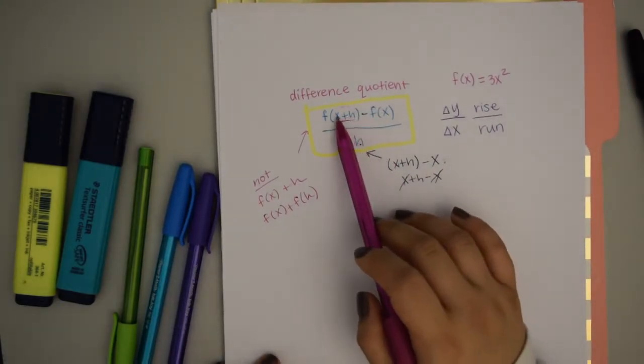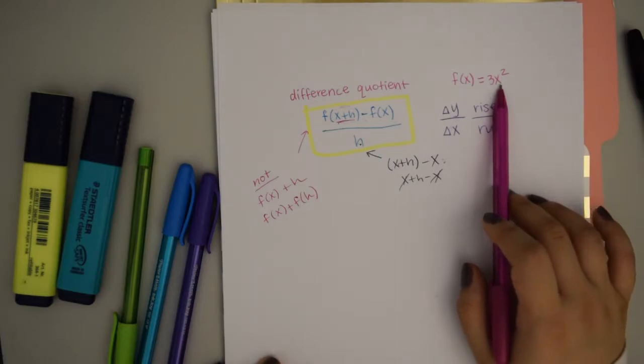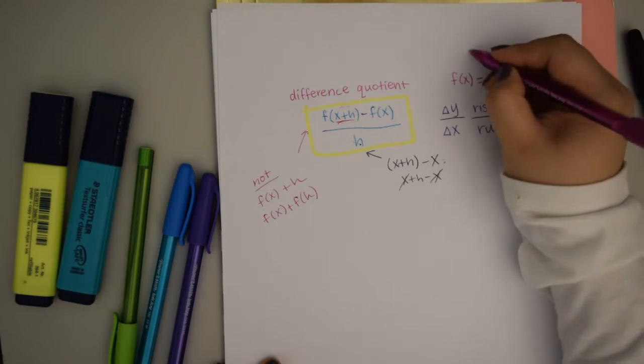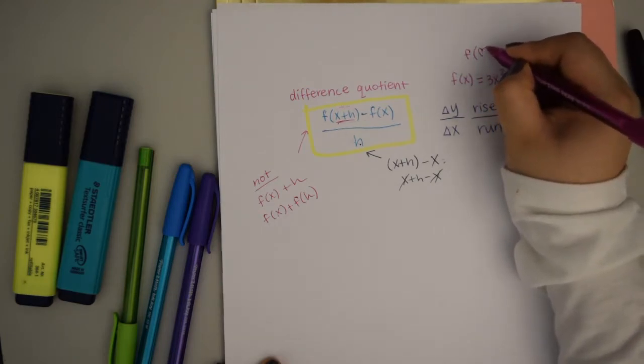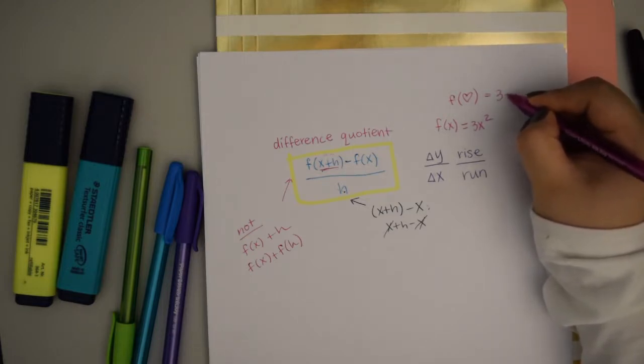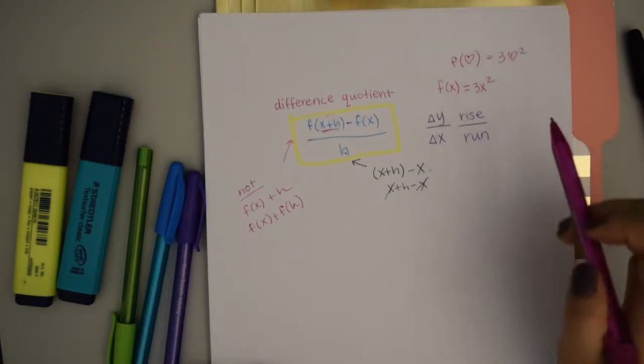So this x is not this x, okay? This x tells me what I'm going to do. So I could just do, I'm going to take an input heart, and I'm just going to do 3 times heart squared.